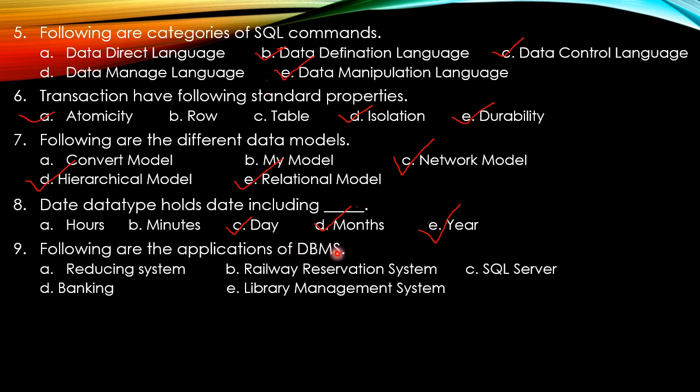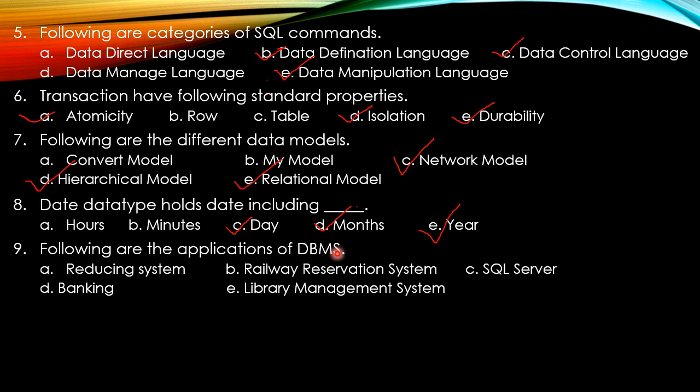Okay, next question. Following are the applications of DBMS. Applications of DBMS, that means where this database management system is used. If you remember, we have studied it. Yes, it is used in railway reservation center, banking system, library management, right?